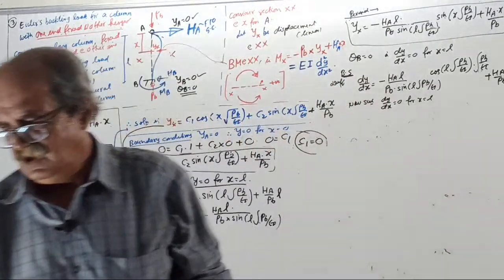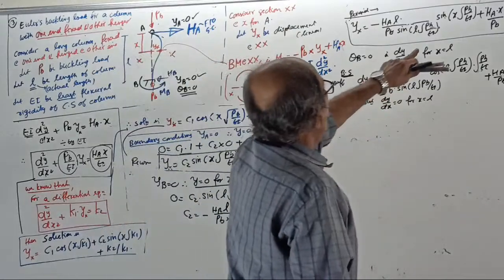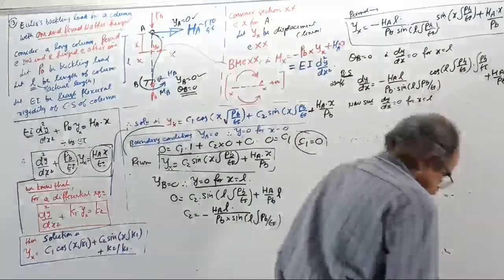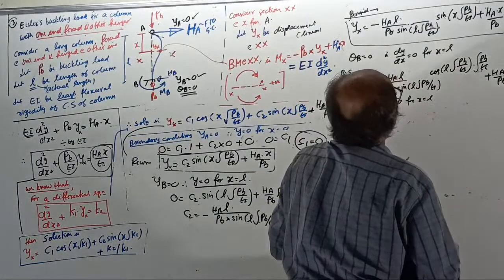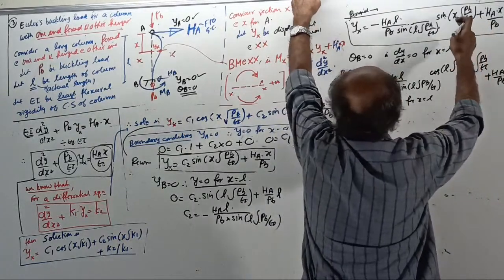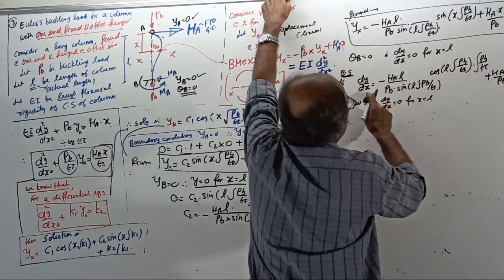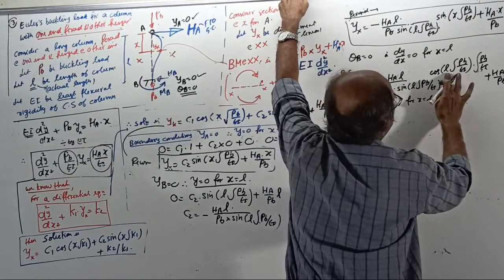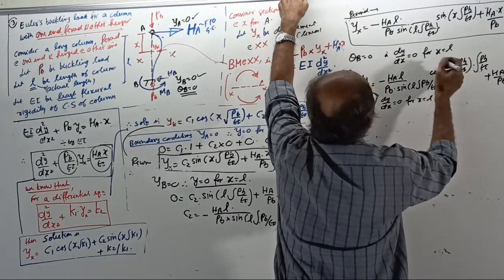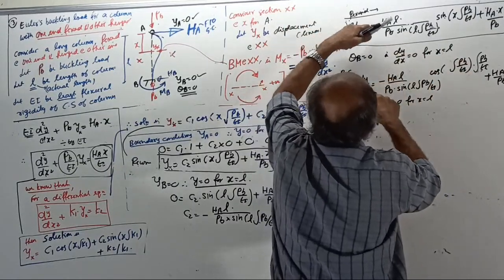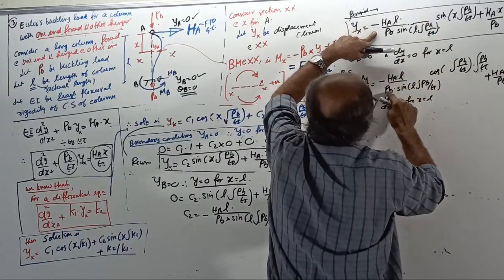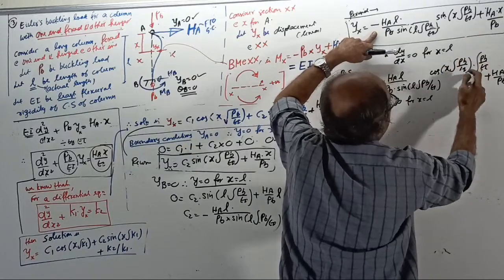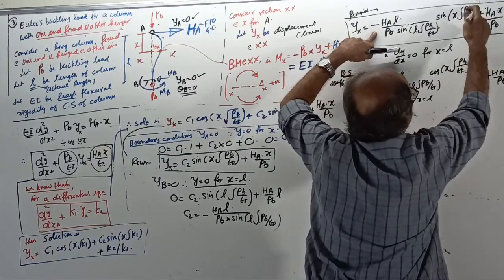When you differentiate, sine of x root PB by EI becomes cos of x root PB by EI into root PB by EI, plus HA by PB.